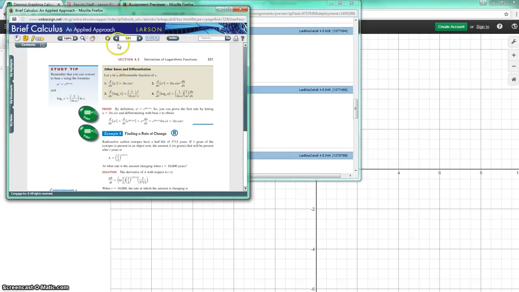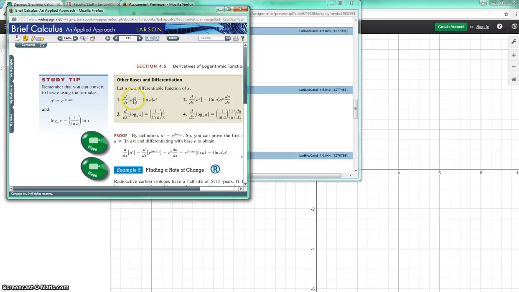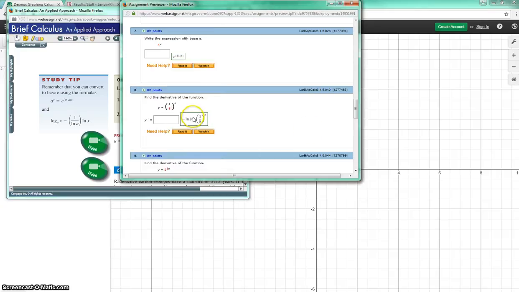So I would have, let me blow that up a little bit. So if it's 1/8 raised to the x, I would have 1/8 to the x times the natural log of 1/8. And that is equivalent to this. That's just dealing that 1/8 is the same thing as 8 to the negative 1, and they're just manipulating it differently.